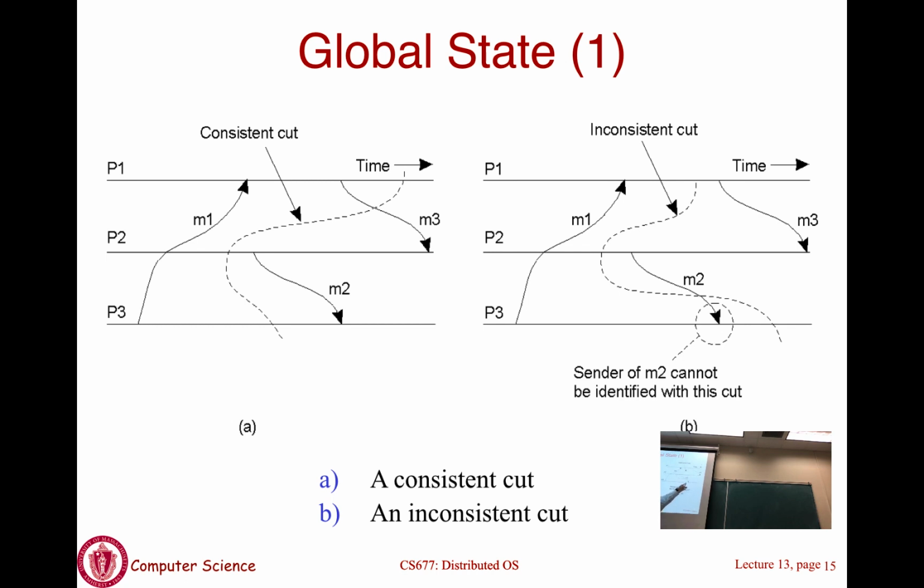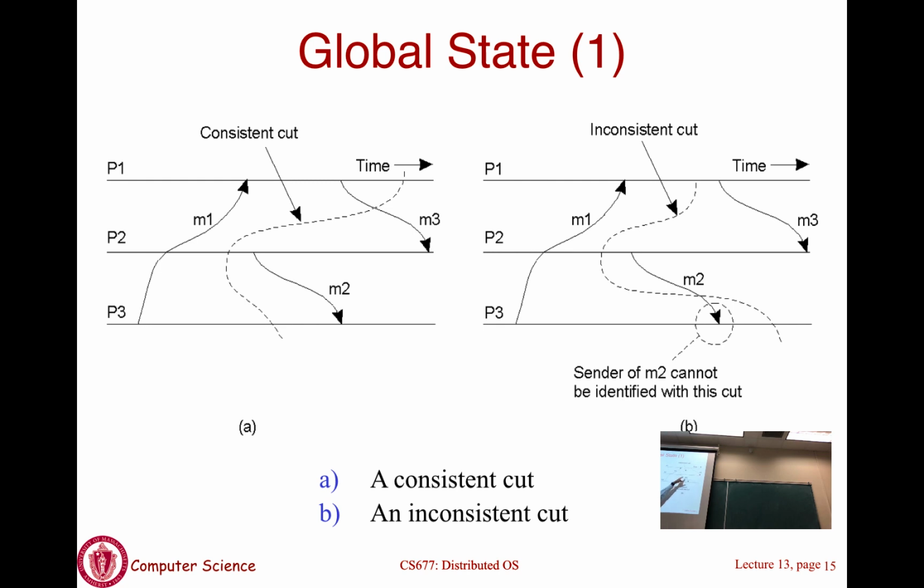You already saw that message and you are taking a snapshot after that. Process P2 has taken a snapshot here. If you restart process P2 at this point and it continues execution after a crash, it is going to resend message M2, because that is what happens in its execution.